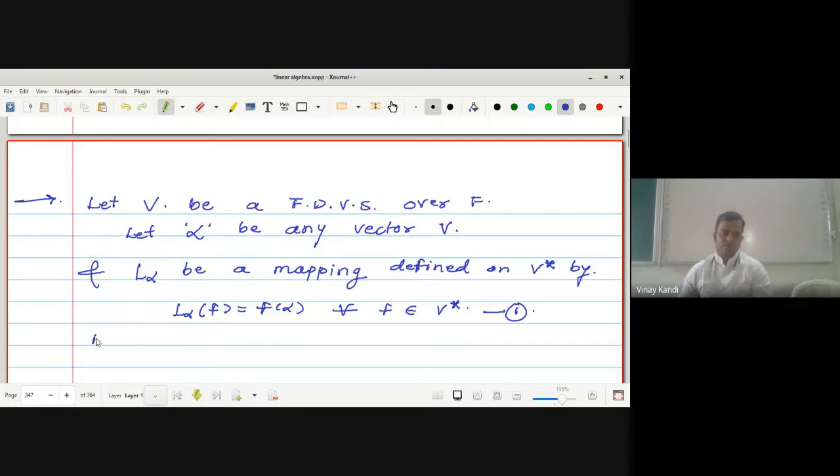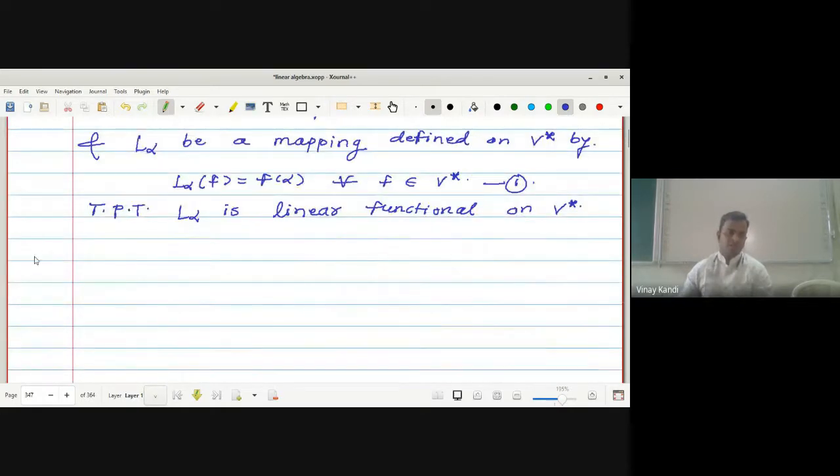Now, the first step, we have to prove that L alpha, this function, is a linear functional on V star. If you don't know it, write down this set: V star is equal to the collection of all functions f, where f is a function from V to capital F which is linear.